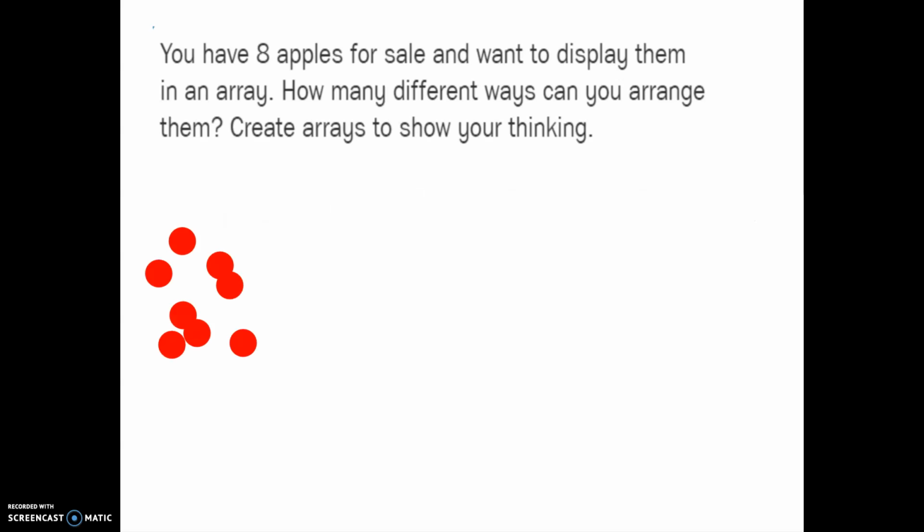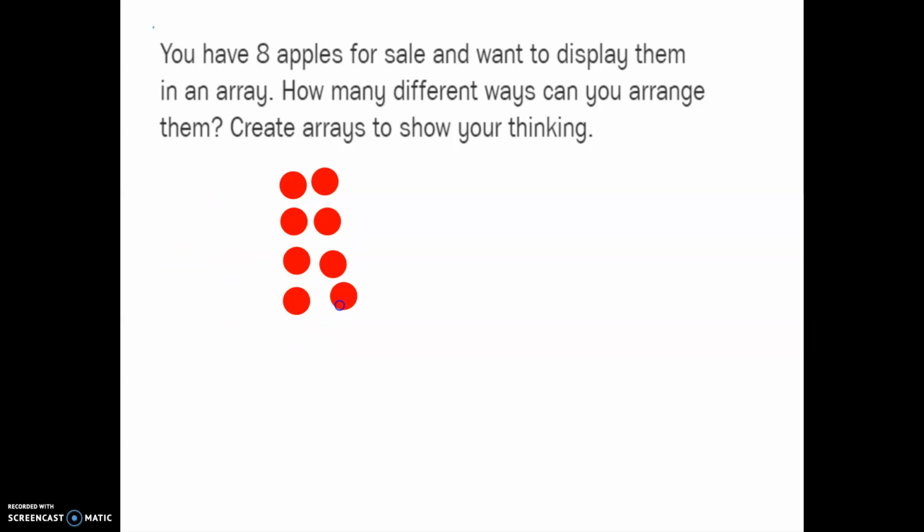So let's say you have 8 apples for sale and you want to display them in an array. How many different arrays can you make? Well, I know that I could have 4 groups of 2, and my multiplication problem would be 4 times 2.